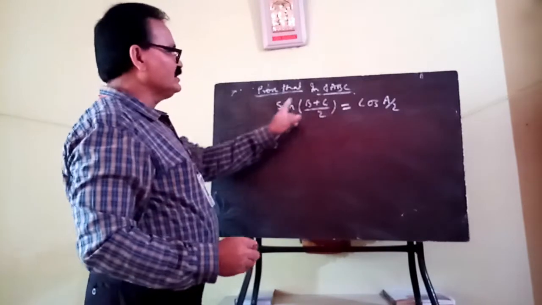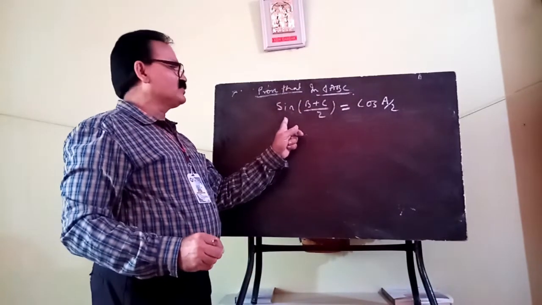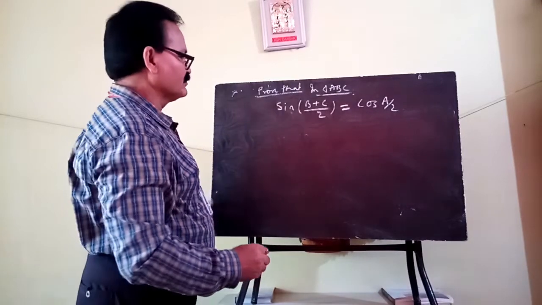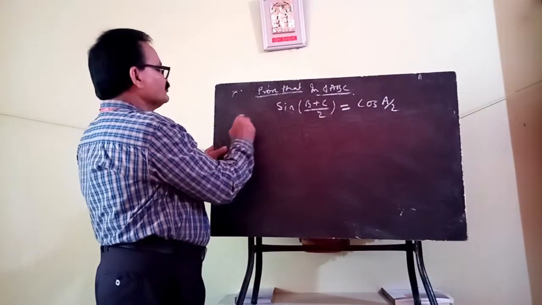So your question is, in triangle ABC you have to prove sin (B plus C) by 2 equals cos A by 2.